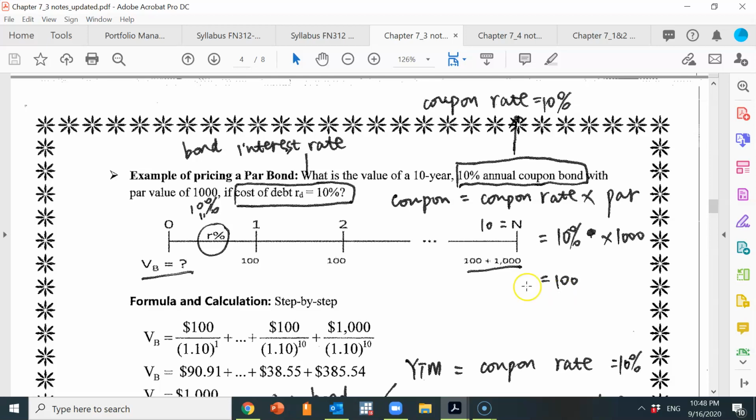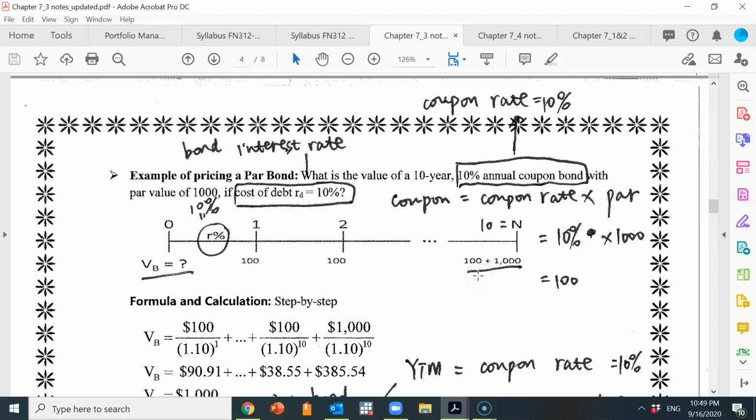When we are marking the timeline, this question is solving for the value of the bond, VB, or price of the bond at time 0. Before the maturity date after 10 years, we have 100 coupon payments at the end of each year for 10 years.